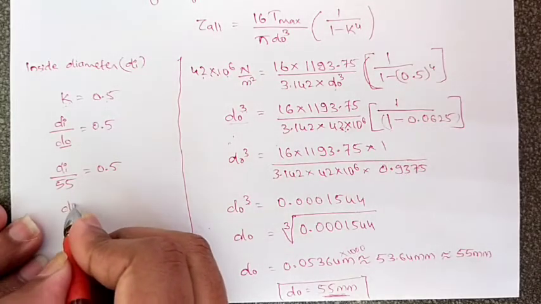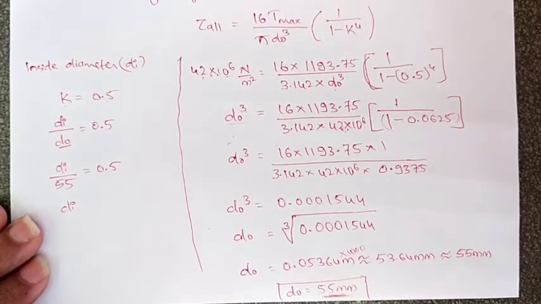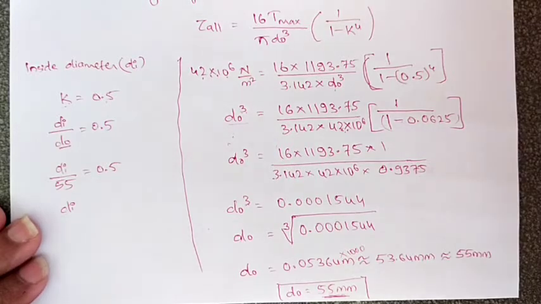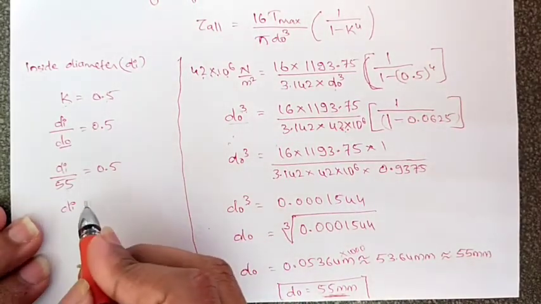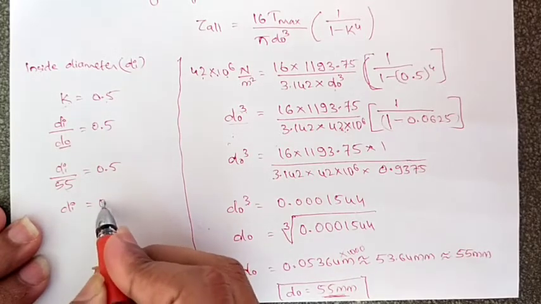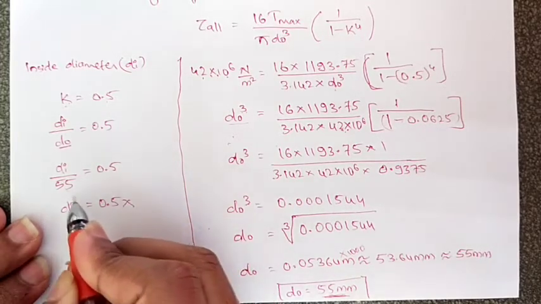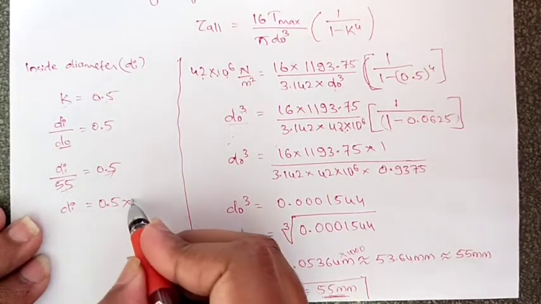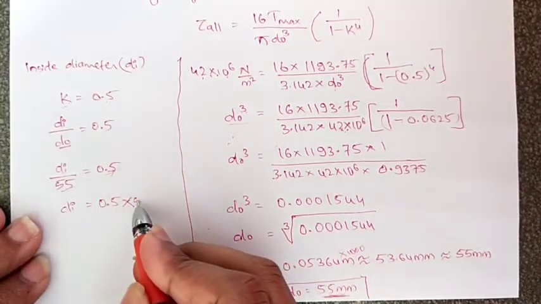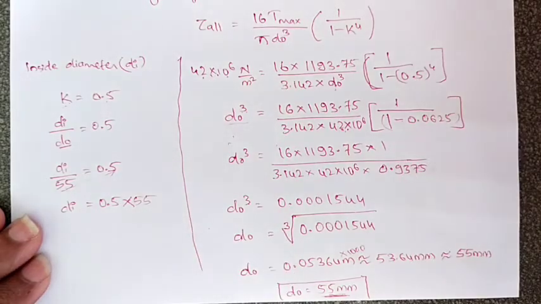Now what do you have to do to find di? Just multiply 0.5 into 55. 0.5 will remain as it is, and when it shifts here, it becomes multiplication. So 55 into 0.5.